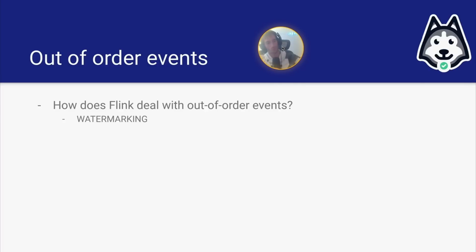How the watermark works is it looks at the event time of the events coming in, and usually there's some buffer, like maybe a 15-second buffer. So you have an event time, and then you say, okay, everything within the next 15 seconds could be out of order, but something 16 seconds away is not out of order.